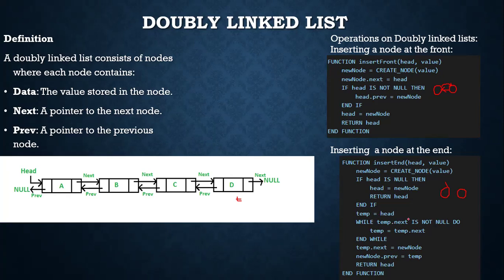Then while temp.next is not null, meaning while the head.next is not null, you traverse this list, and then temp.next is going to be equal to the new node. Let's just say this guy here, and then the new node's previous references that guy.